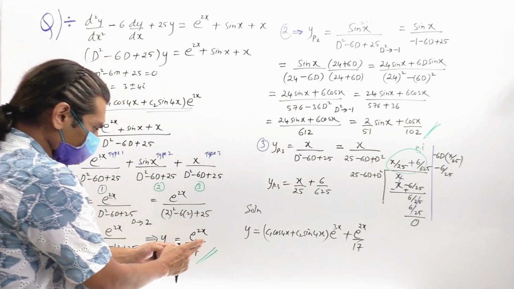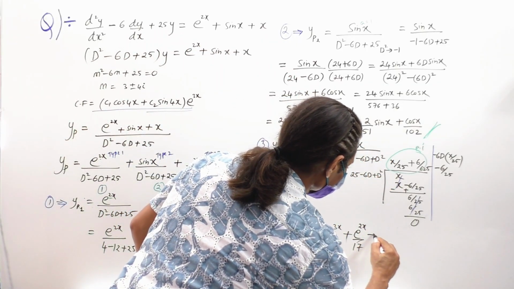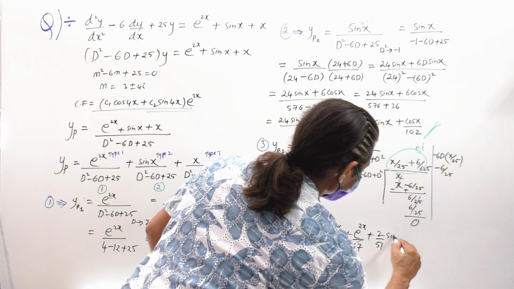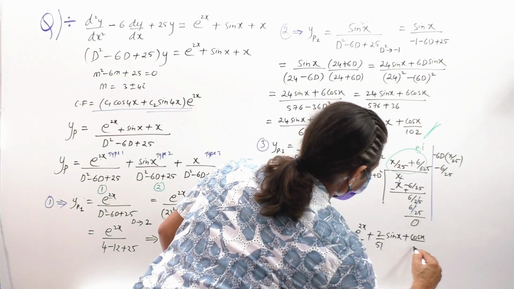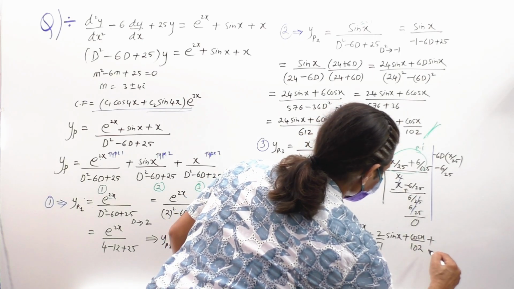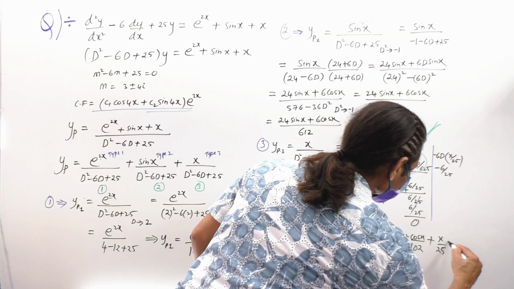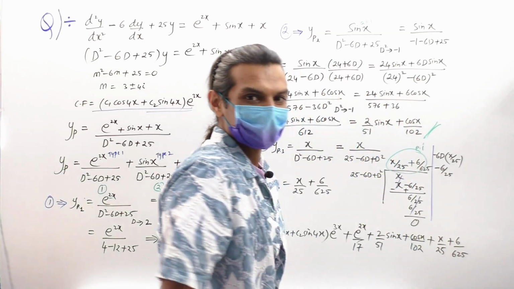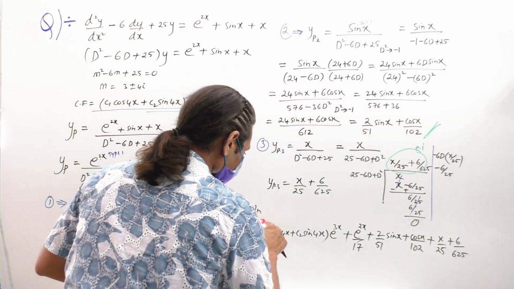One was e raised to 2x by 17. The second term was 2 by 51 sin x plus cos x by 102, plus lastly x by 25 plus 6 by 625. That's the solution. This is what we get.